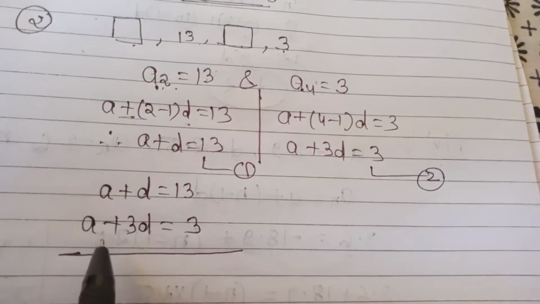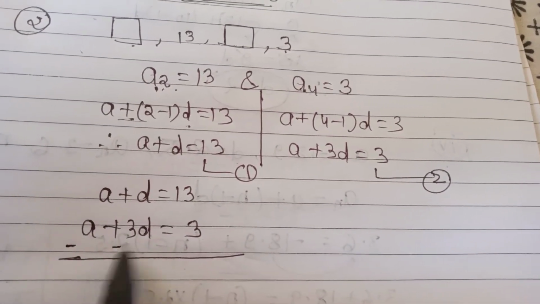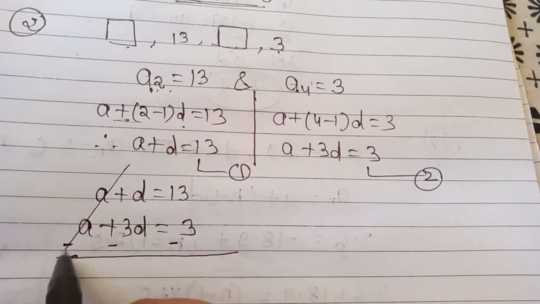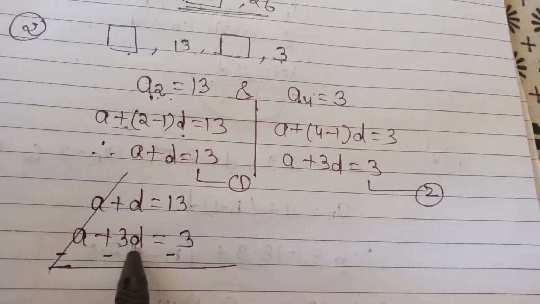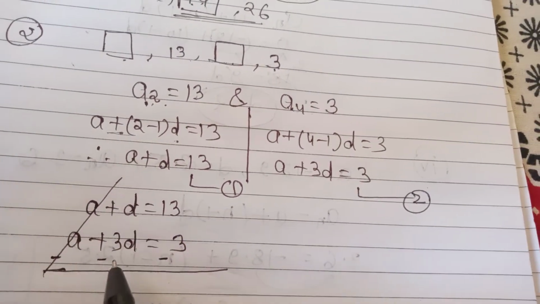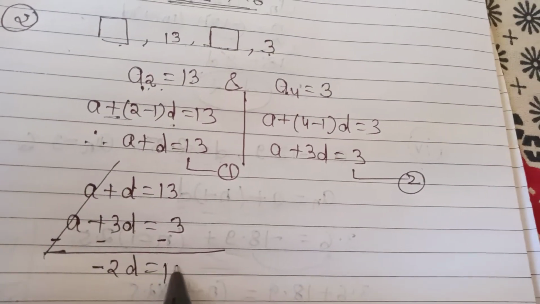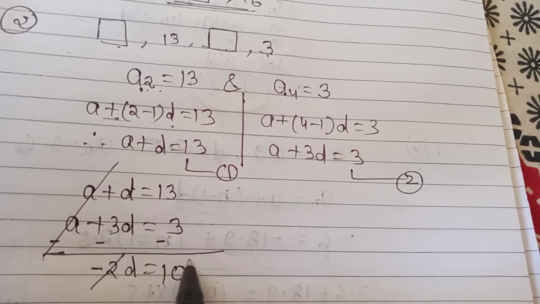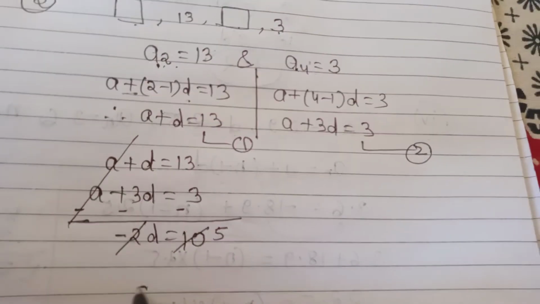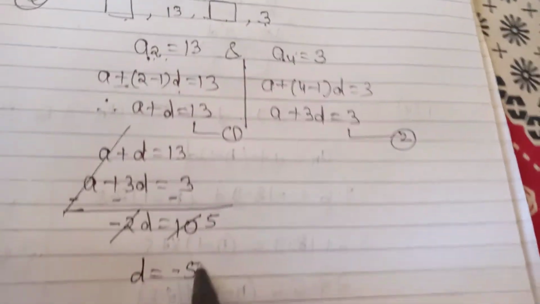Now for elimination we'll change the signs: minus, minus and minus. So a will be cancelled. Now d minus 3d is minus 2d, and 13 minus 3 is 10. So 2 5s are 10. What we got is d is equal to minus 5.